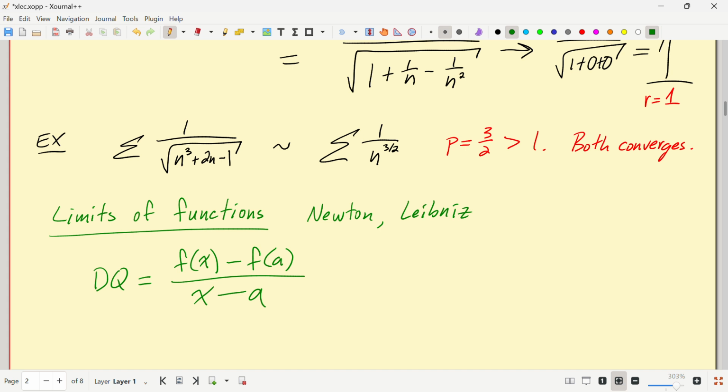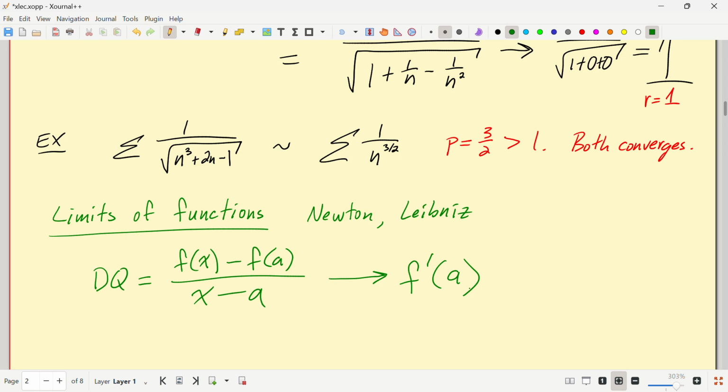So that's going to be an approximation to the velocity, and then they let this x slide into a and looked at the slopes of those tangent lines and said, aha, if they get closer and closer to something, that something is the instantaneous velocity. Okay?